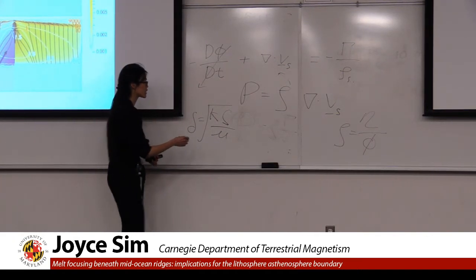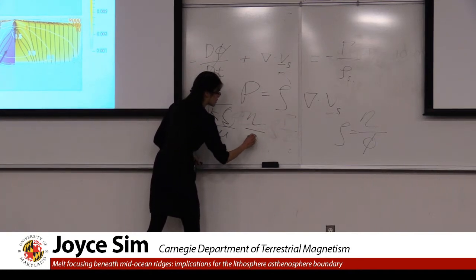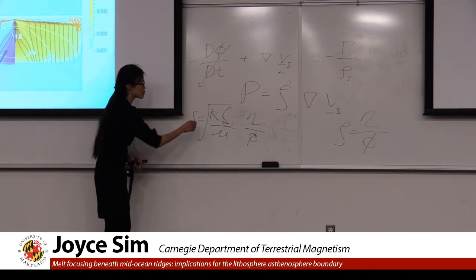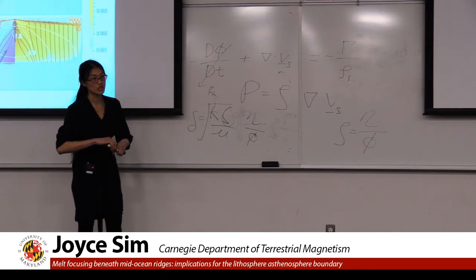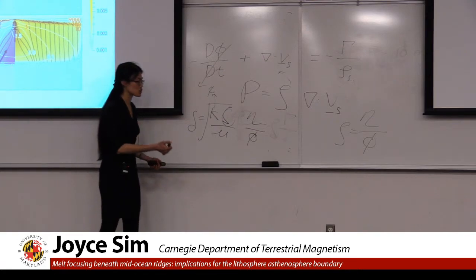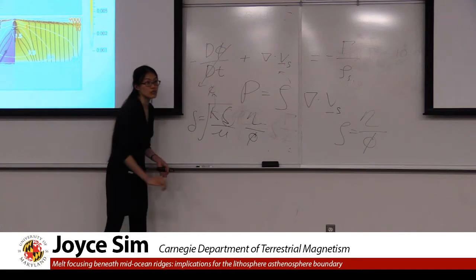What we are using here is this, right? And your permeability is also related to melt. So that length scale is what really determines whether there will be porosity waves or not.